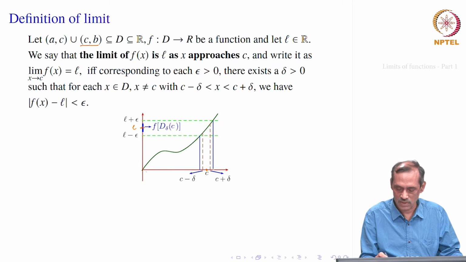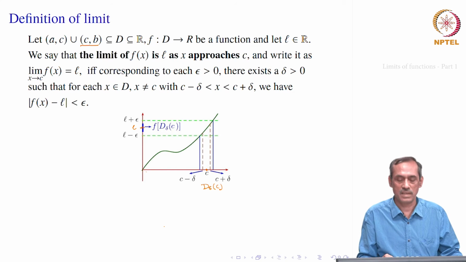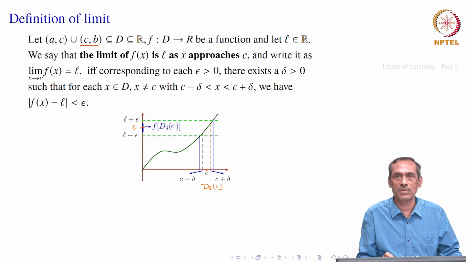So, it is within this set, which we can write as D delta of c. We may write this set as D delta of c, where this D is for deleted, c is being deleted, everything else in the open interval c minus delta to c plus delta remains, but x is not equal to c. For all those x, f x should lie between L minus epsilon and L plus epsilon, that is mod f x minus L should be less than epsilon. If this condition is satisfied, we would say that the limit of f x equals L as x approaches c.